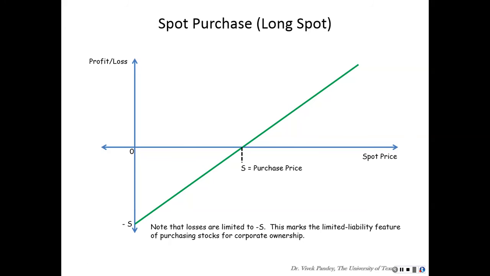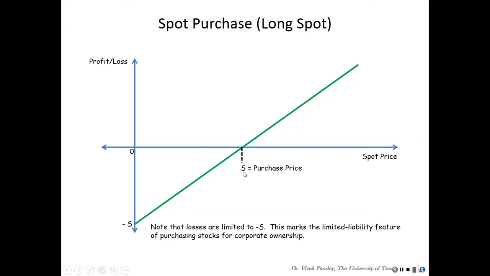But it's not like, say, buying a business or owning a business outright as a sole proprietor, because then your business's losses can exceed your investment in the business, in which case, well, you may have to sell your house, right? That's called an unlimited liability feature of sole proprietorship.